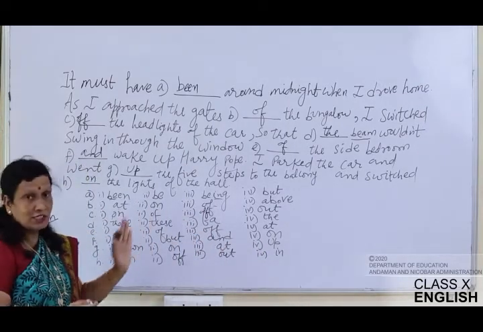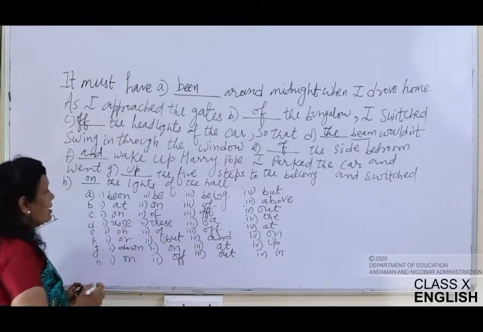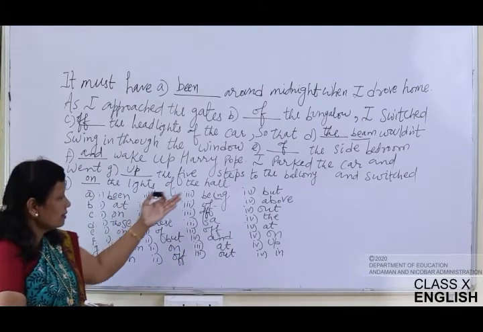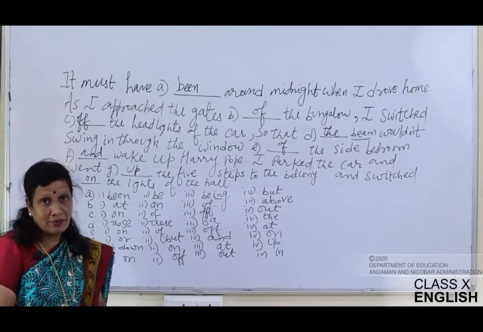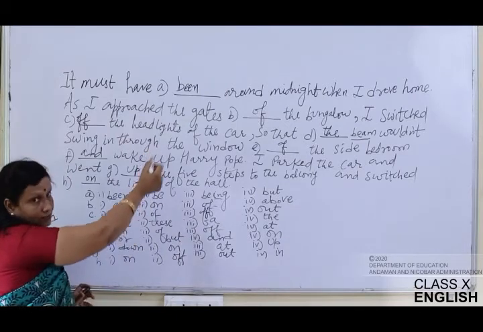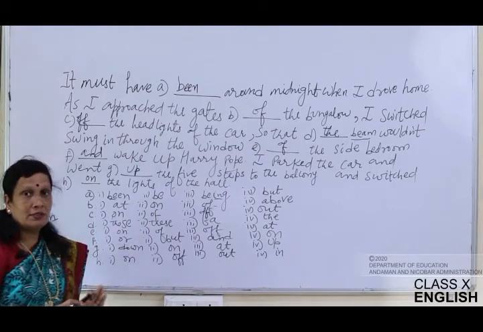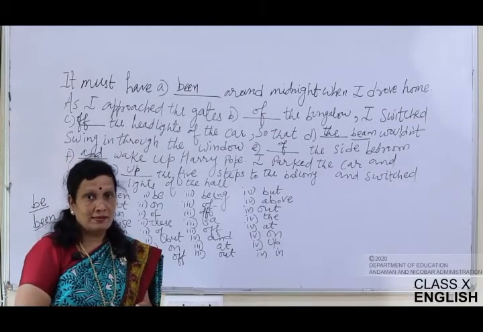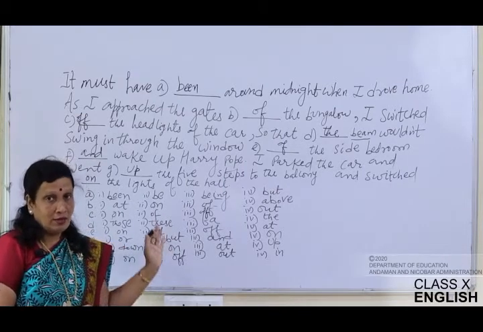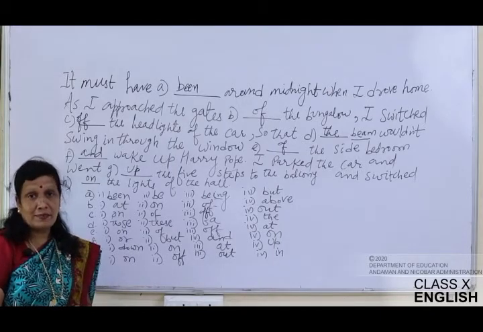Most of these exercises were prepositions, some of them were determiners, these, those, and there were also articles, okay, and there were also connectors. So, the options of this particular exercise were based on grammar topics, and here most of them were prepositions and of course articles and also the connectors.